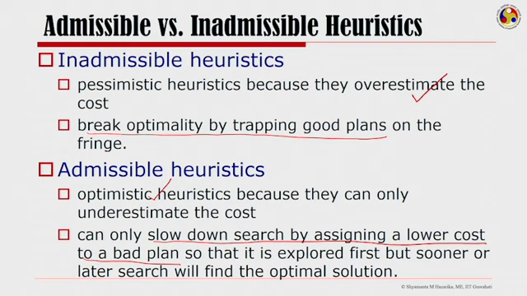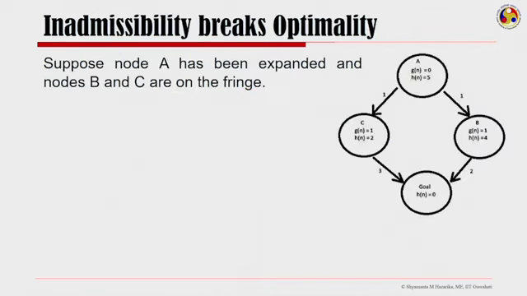Now let us recall from our previous lecture what we mean by an optimal solution. Given the solutions that I have, if I can get the minimum cost solution, that's an optimal solution. So let us look more closely at how inadmissible heuristics break optimality. Suppose node A has been expanded and I get two nodes B and C on the fringe.